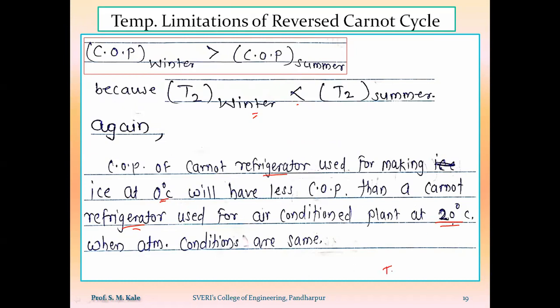Then also, as we are increasing the value of T1, that is the lower temperature, the refrigerator used for the air conditioning plant will have a higher value of COP as compared to the refrigerator used for making ice. So these are the temperature limitations of a reverse Carnot cycle.